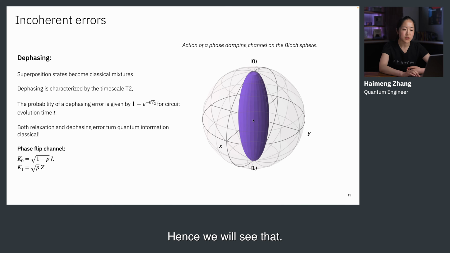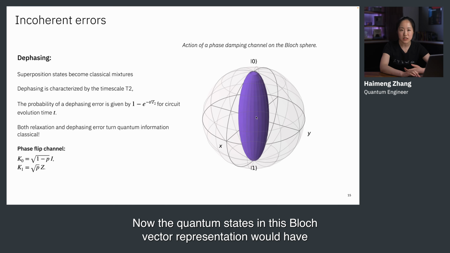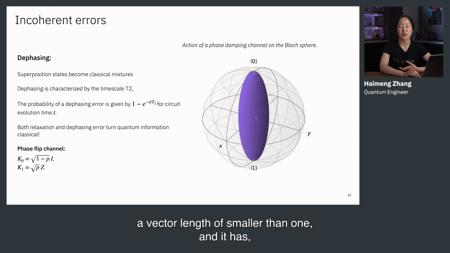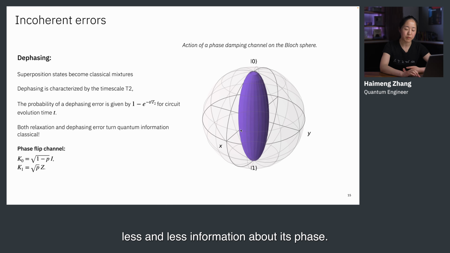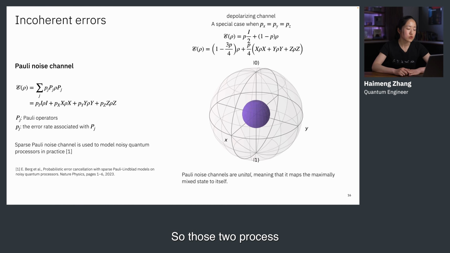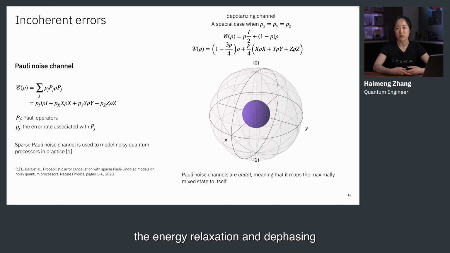Hence, we will see that now the quantum states in this Bloch vector representation would have a vector length smaller than 1, and less and less information about their phase. So those two processes, the energy relaxation and dephasing, are both physically relevant decoherence processes on our hardware.